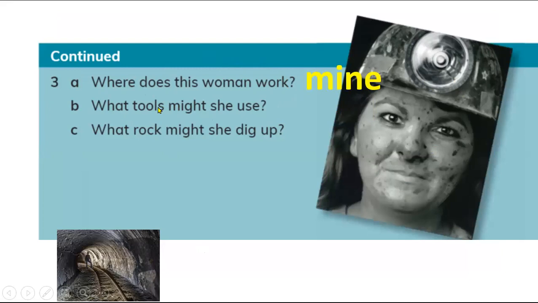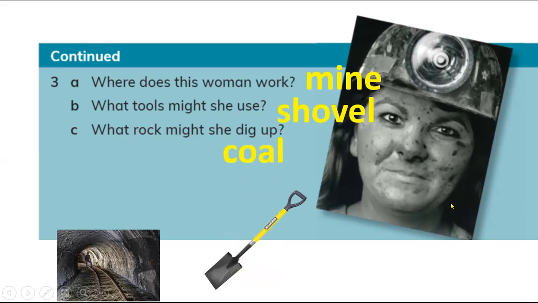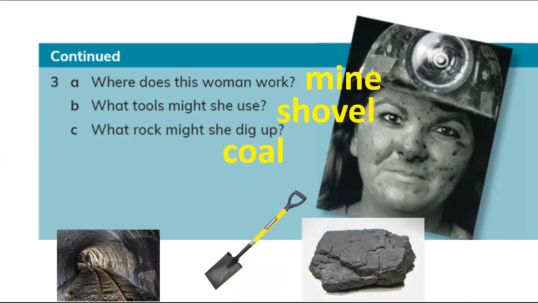The tools, what things does she use to dig the mine? She needs a shovel. Okay, the shovel helps to dig and take out the coal rocks. What rock might she dig up? So look at her face and as you can see, the coal. She's working in the coal mine.